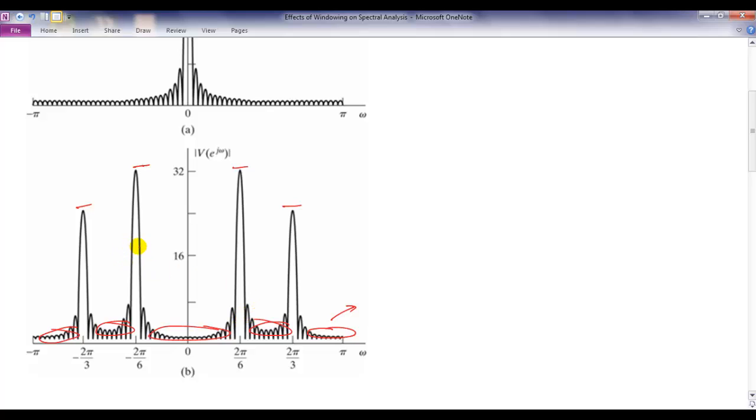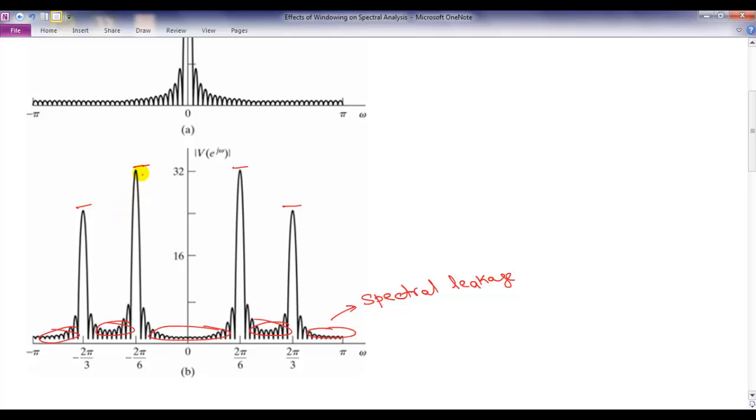It's not that you get these four humps and then it's plain zero afterward. This effect is called spectral leakage. Whenever you do spectral analysis with windowing, you have this effect of spectral leakage, which is that energy from the signal is going to leak into other frequencies. Okay. So that is one effect.